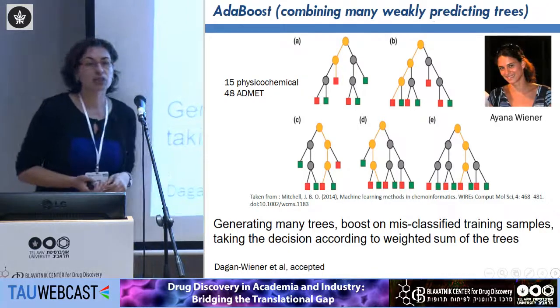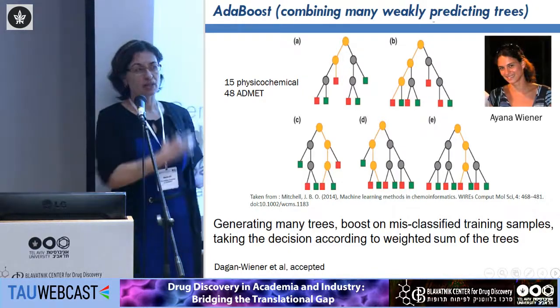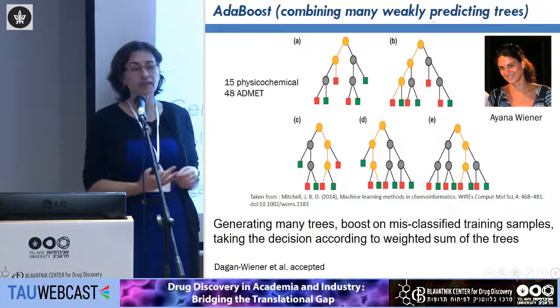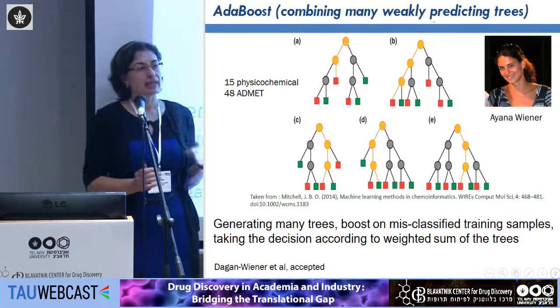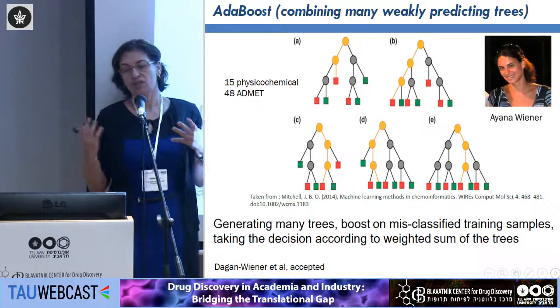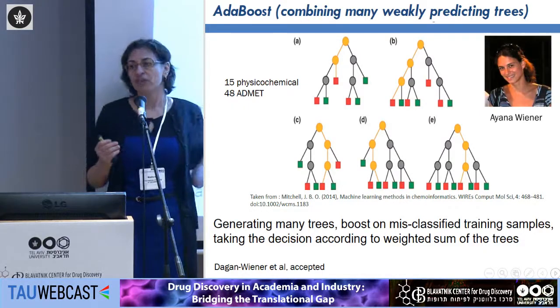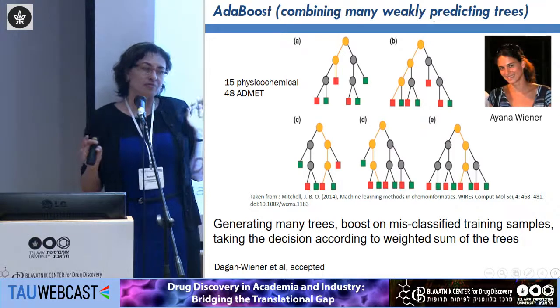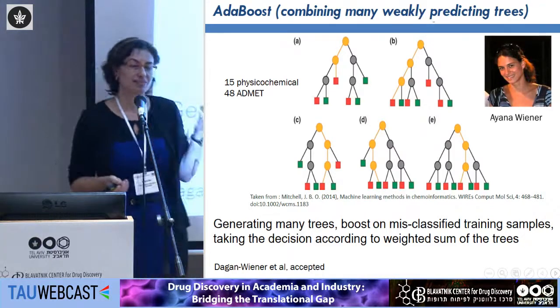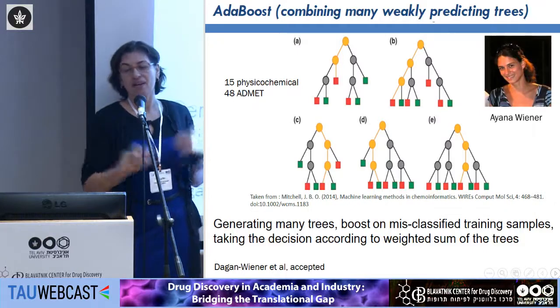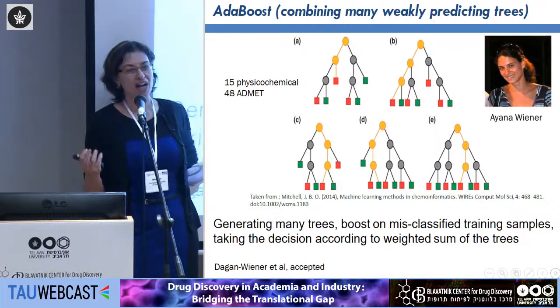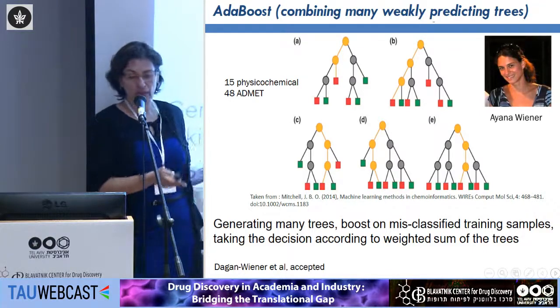The machine learning method that Ayana used after some preliminary testing was AdaBoost, which is basically an adaptive decision forest method. There are many decision trees, and it's enough for each one of them to be just a little bit better than random prediction. Together, it's like wisdom of the crowd. Together, it gives quite a good prediction.